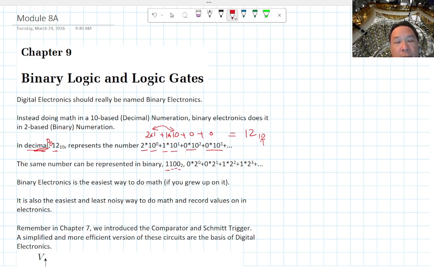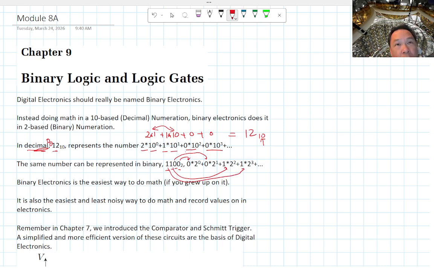In the future, you're not going to see the 2 because when you're dealing with computers, the default is actually binary, not decimal. And this number is the same as 0 times 2 to the 0, just like what we did before, but instead of putting a 10 there, you put a 2, and then 0 times 2 to the 1, 1 times 2 to the 2, 1 times 2 to the 3.